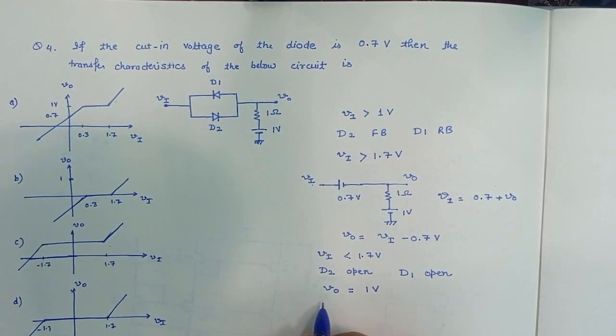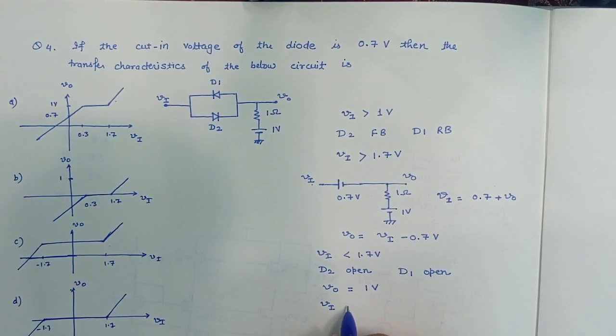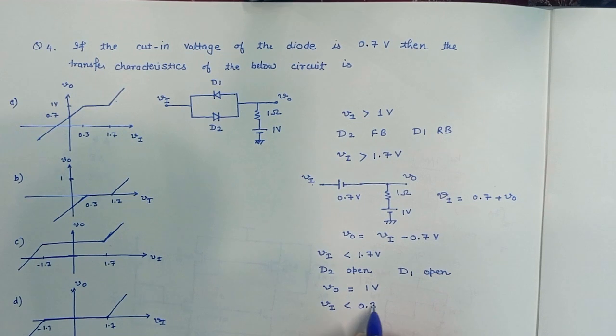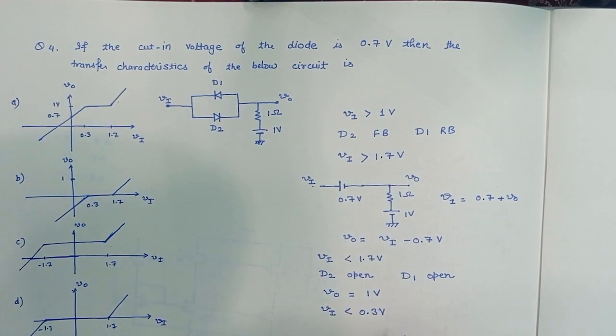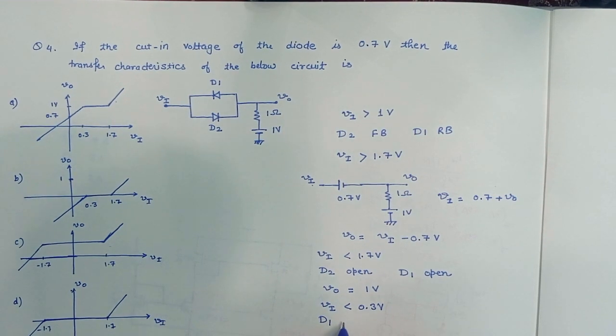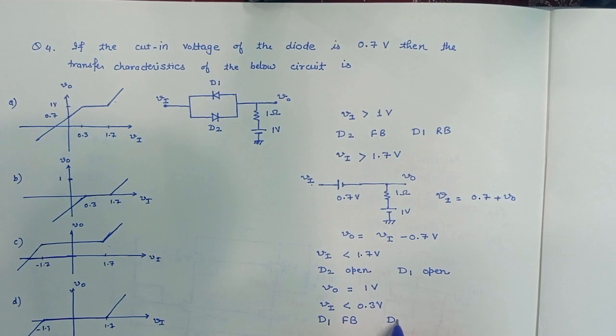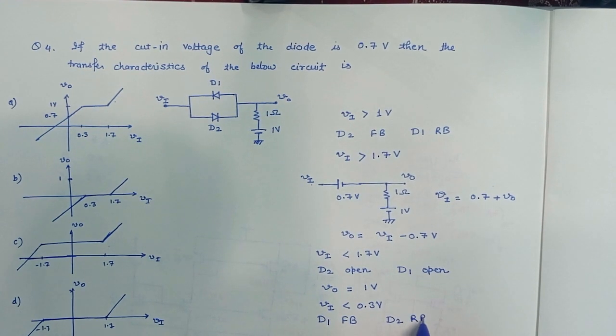If I apply voltage Vi which is less than 0.3 volt, this will make diode D1 forward biased and D2 reverse biased.